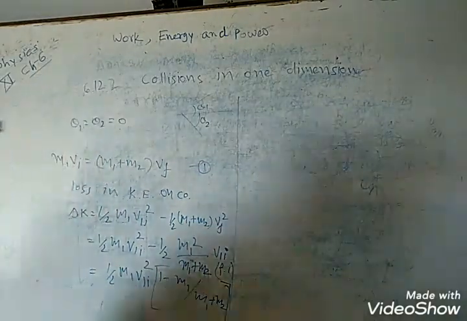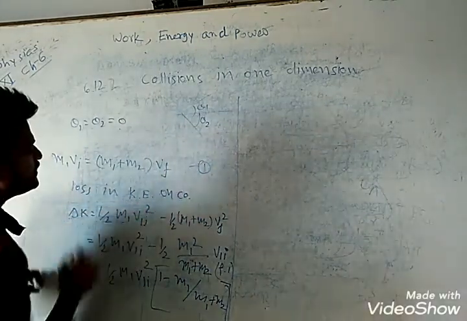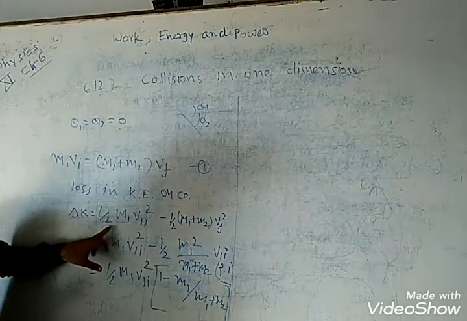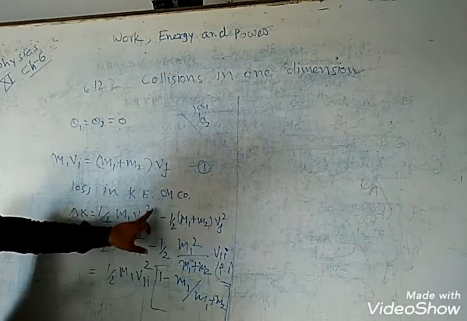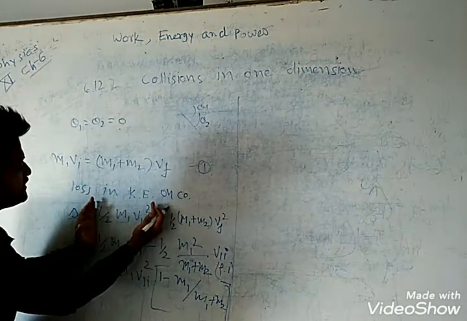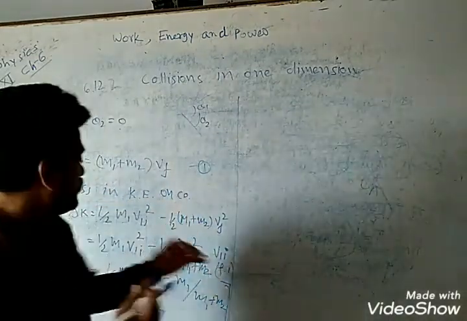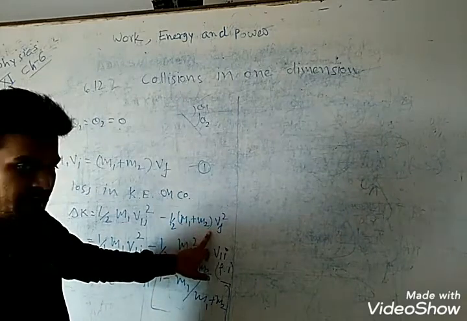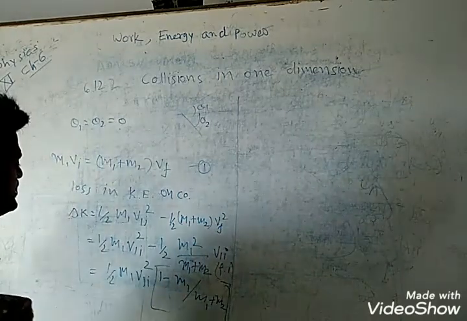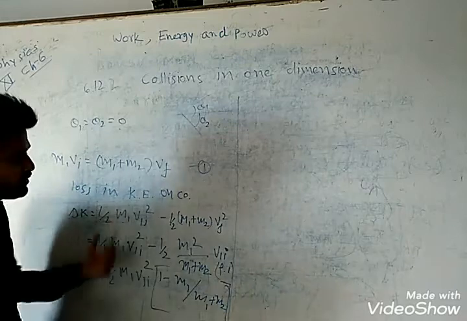Now the loss in kinetic energy in the collision: del K is equal to 1 by 2 m1 v1i square, the kinetic energy before collision, minus 1 by 2 m1 plus m2 into vf square, the kinetic energy after collision.